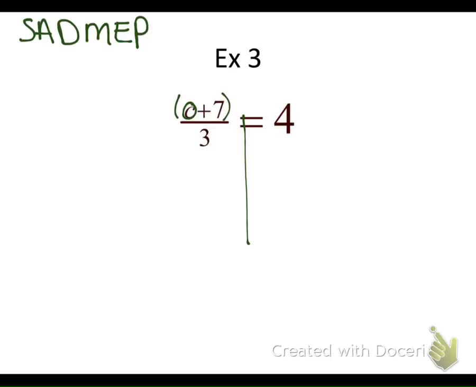Now, because there's parentheses around that top part, what number would I have to get rid of first? The 3. So how do I get rid of that 3? Multiply by 3. So then on my left side, I just bring down the c plus 7 equals, and my right side, what's 4 times 3? 12.